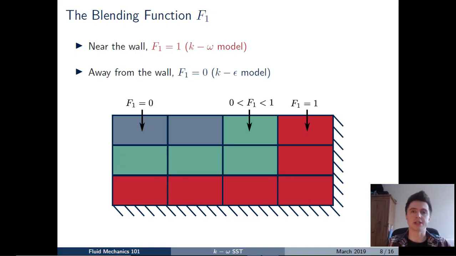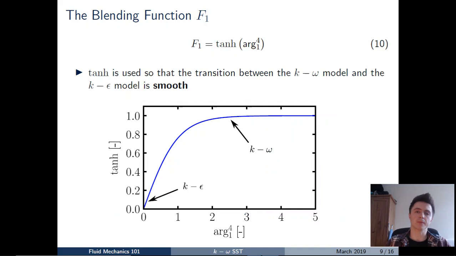So what form is currently used for F1? F1 is currently used in the form of a hyperbolic tangent. The reason for using this hyperbolic tangent function, though you could use anything, is that it gives a smooth transition between the K omega and the K epsilon models.